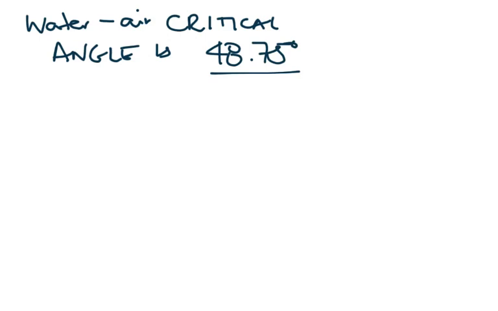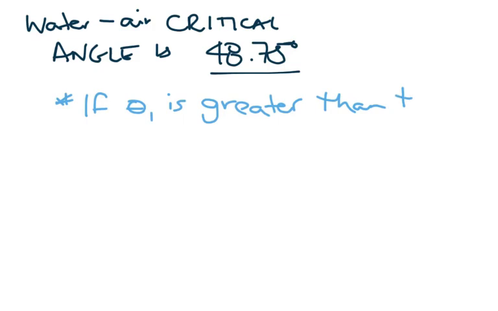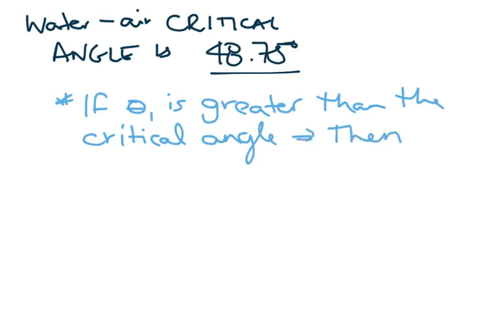Well, Mr. Roddy, that's really useless knowledge. Well, not really. But the really cool part about this is, if theta 1 is greater than the critical angle, then the boundary becomes a mirror.